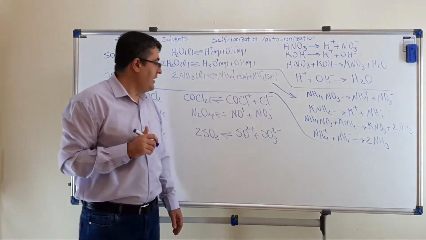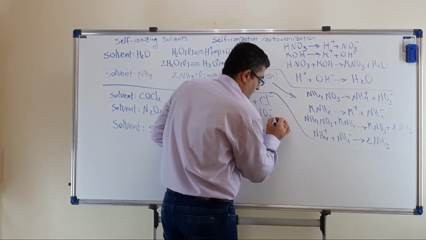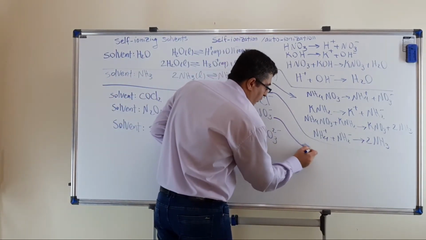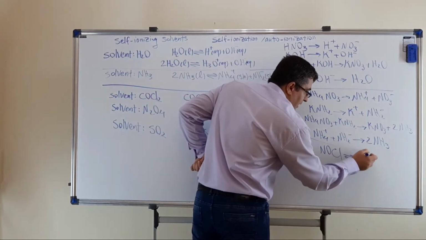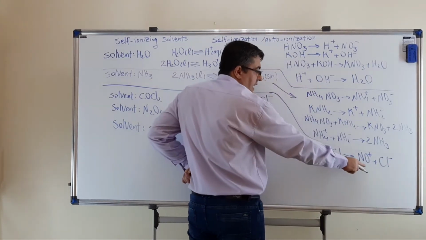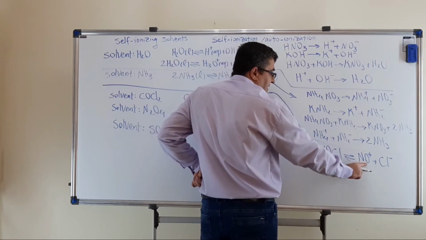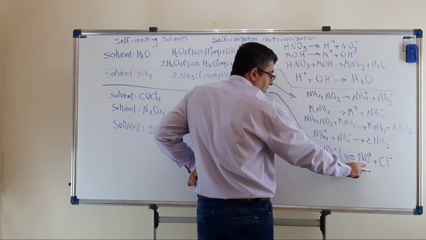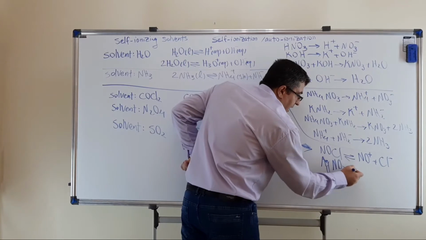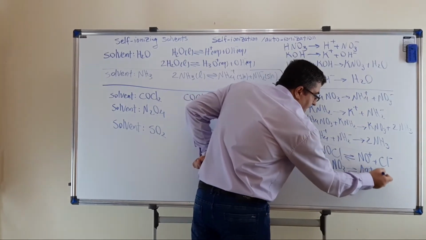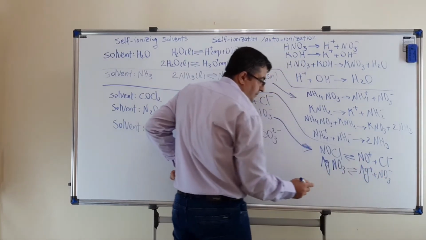As another example, consider the solvent N2O4. For N2O4, we may consider NOCl as an acid because it increases the concentration of NO+ in N2O4, the characteristic cation of our solvent. We can consider silver nitrate as a base in N2O4 because it produces the characteristic anion of our solvent.